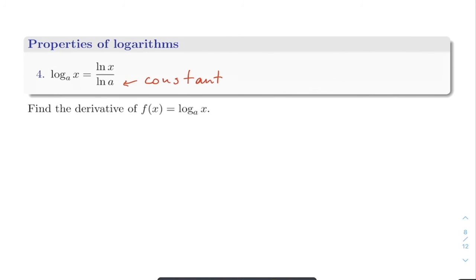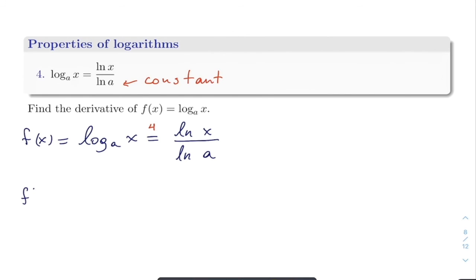So let's use this to find the derivative of this logarithm. Using this property, we can find that f of x, which is equal to the logarithm with base a of x, is equal to the natural logarithm of x divided by the natural logarithm of a. This again is property number 4.